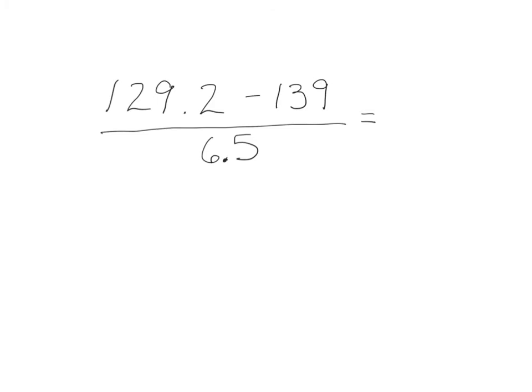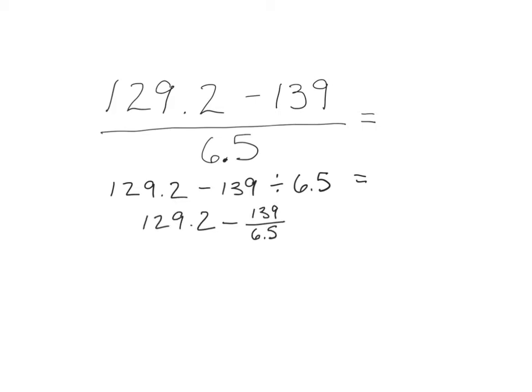Now here's a problem where we have a numerator, 129.2 minus 139, divided by a denominator of 6.5. If you enter these numbers in without parentheses, your calculator, since division rules over subtraction, would do this piece first and then subtract it from 129.